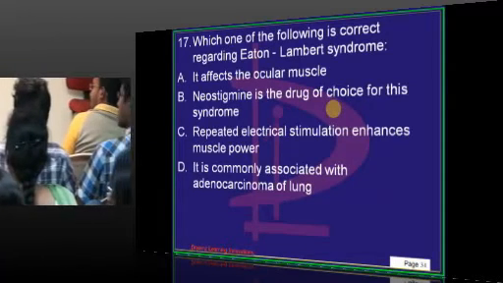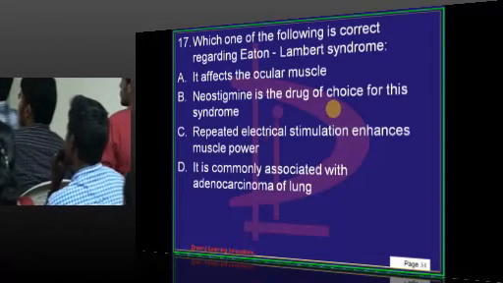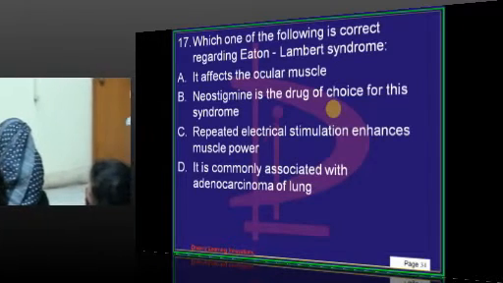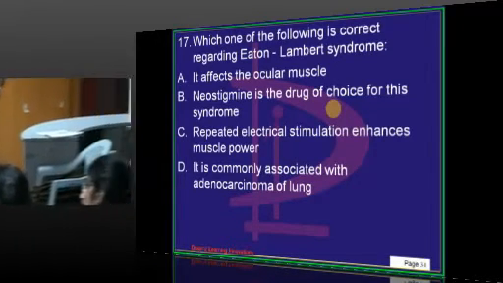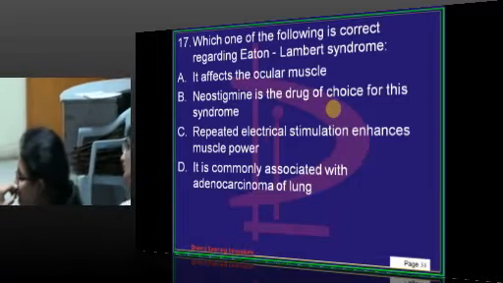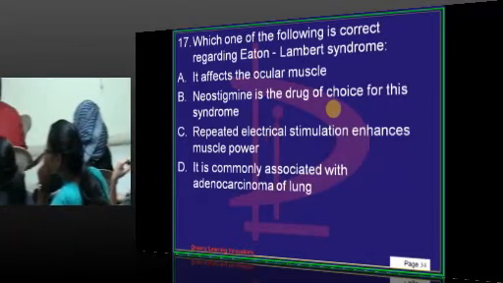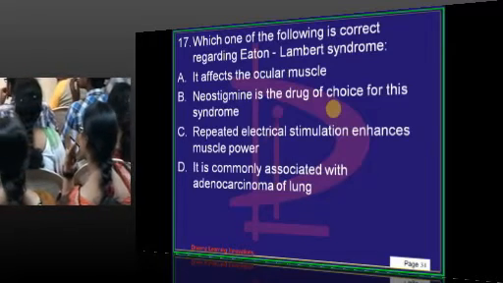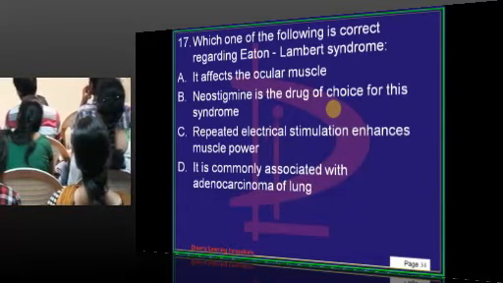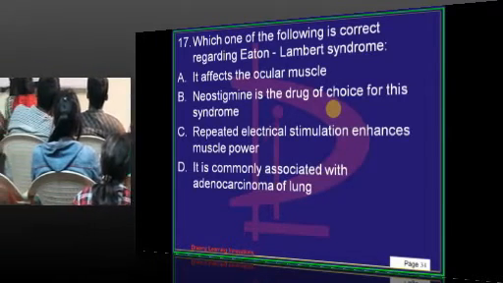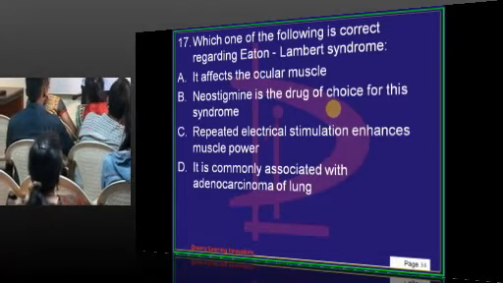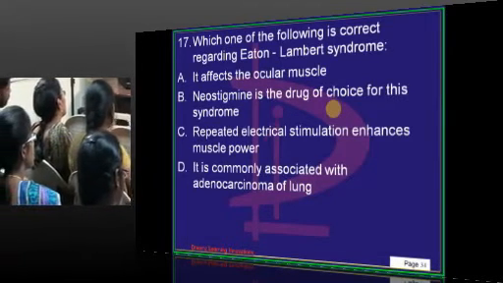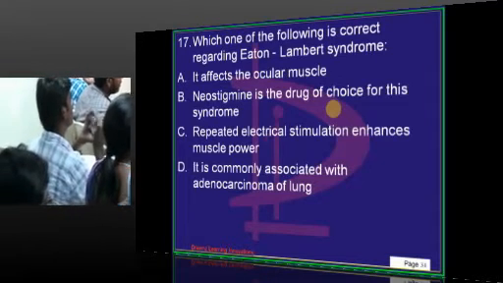You have a neuromuscular junction. The nerve comes to the neuromuscular junction. The synapse releases the acetylcholine, which jumps across the synapse and binds to the receptors in the neuromuscular junction. Then the muscle contracts. This is the story. What happens in myasthenia gravis? Autoantibodies will come, right?